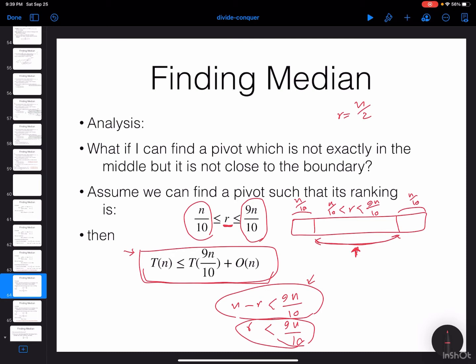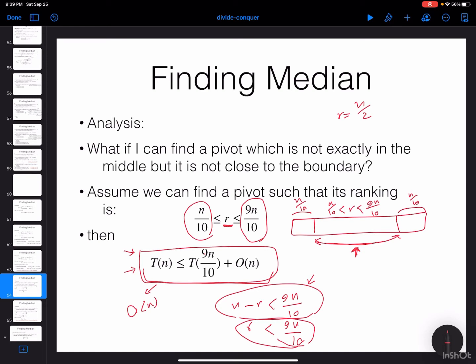Okay, so if you solve this recurrence relation, you can see that exactly because of this rank 9 over 10, the time complexity of this is going to be O of n. You can solve it using either the master theorem, or you can draw the recursive tree and see that the solution for such a relation is going to be linear.